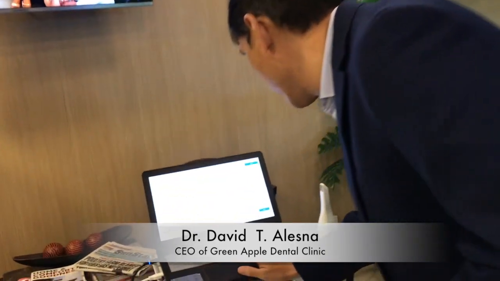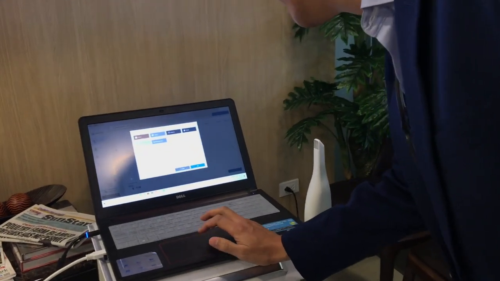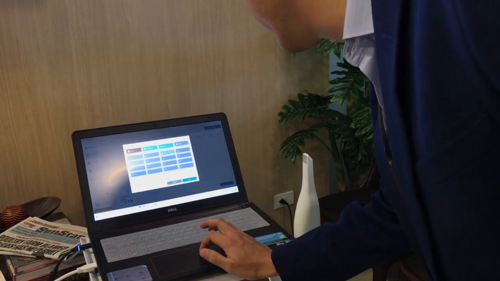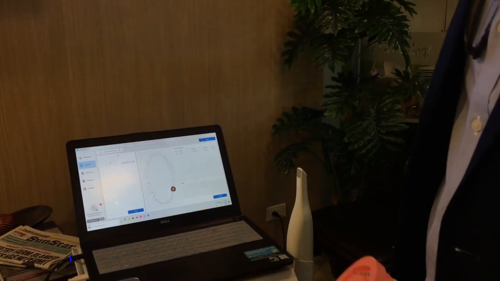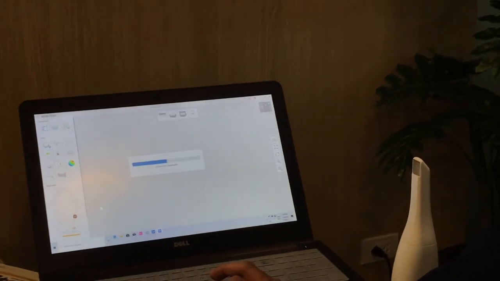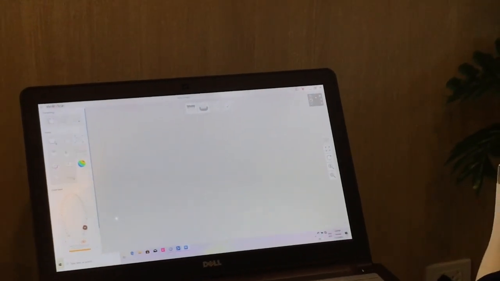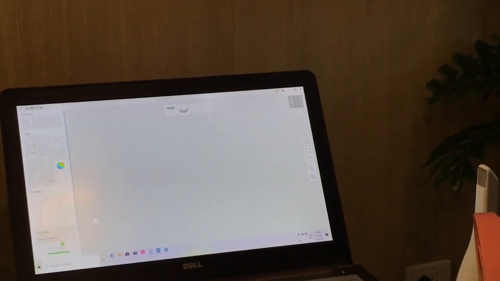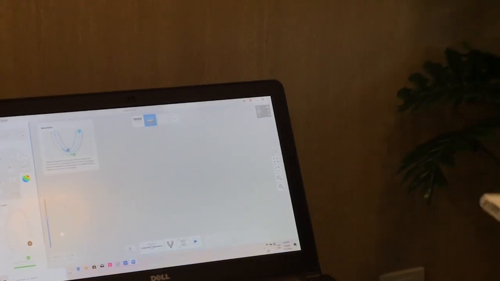Taking a video of your teeth, but it becomes a 3D picture, a 3D image. So for example, this is how we do it.